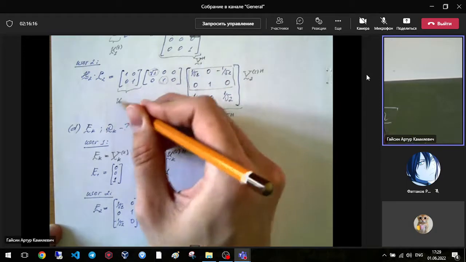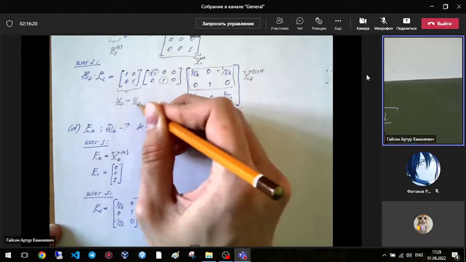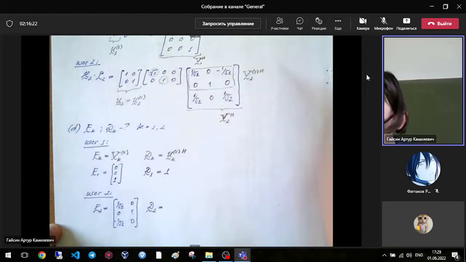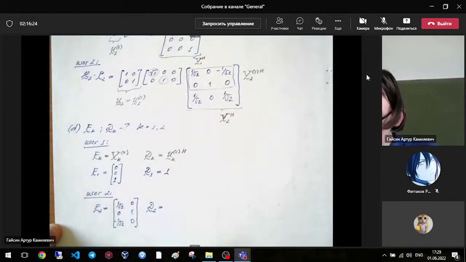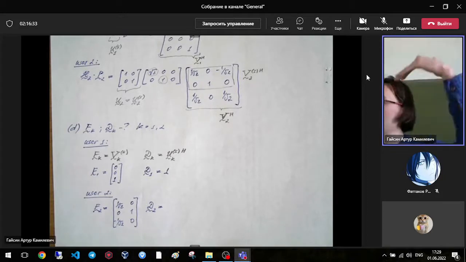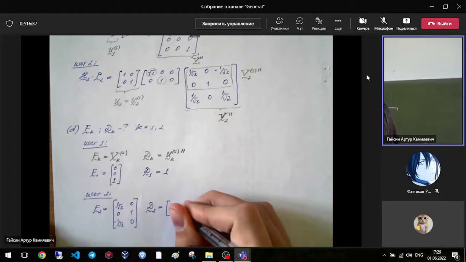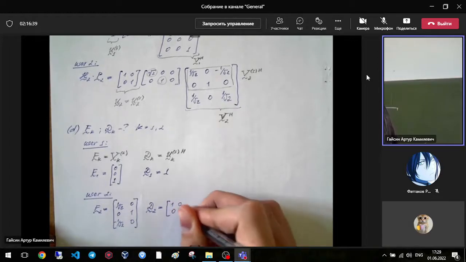So it is U2, or also it is equal to U2 signal subspace. And of course, we need to take the Hermitian of it, but the Hermitian of the identity matrix is the same identity matrix. So 1, 0, 0, 1.